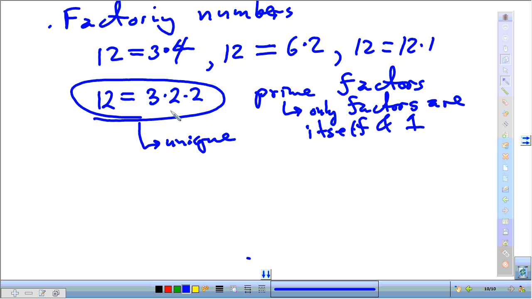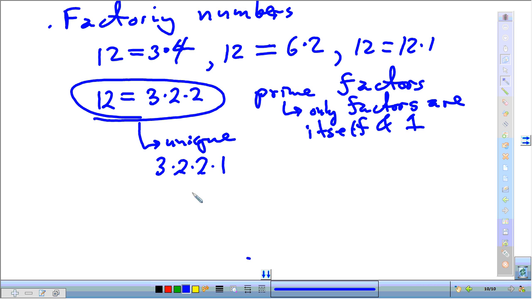Now, in many cases, we wouldn't write 1, but if you wish, you can always put a 1 in the factorization.